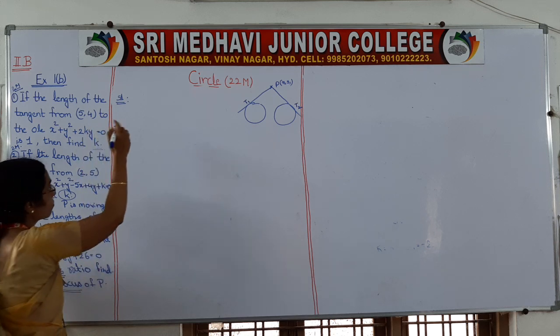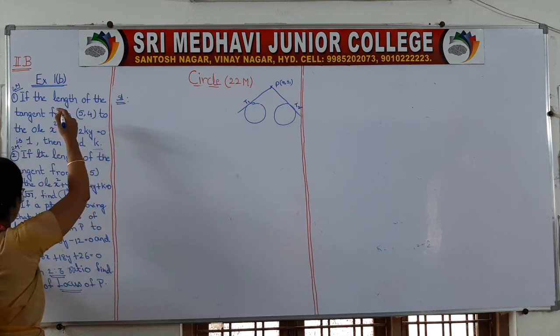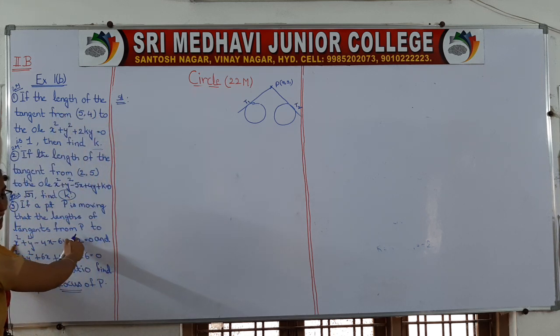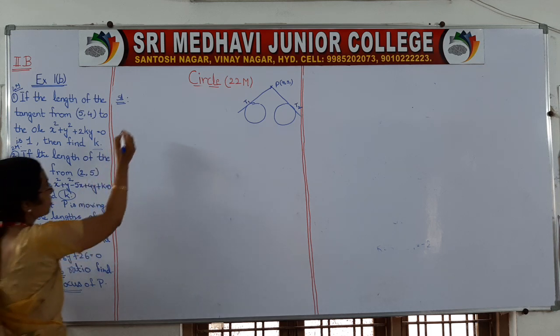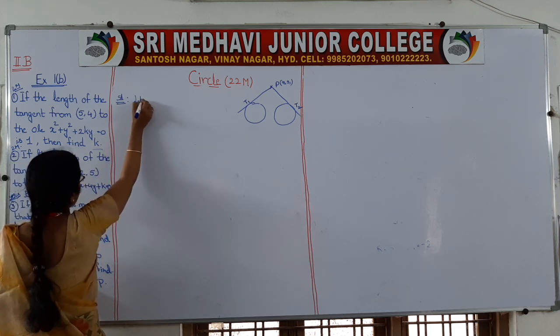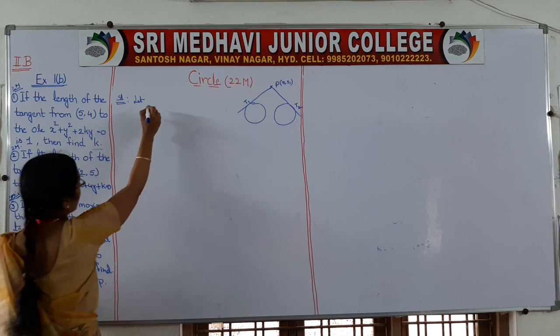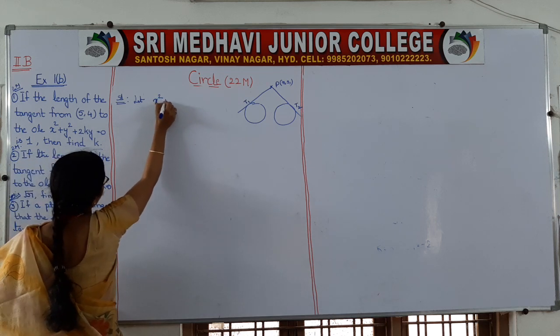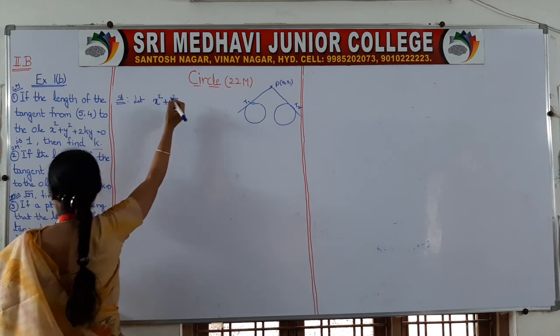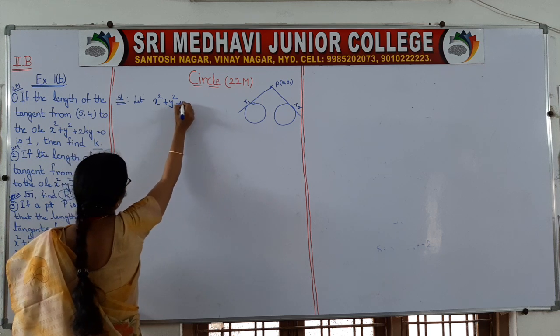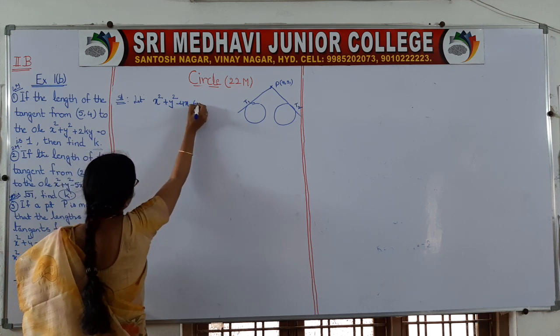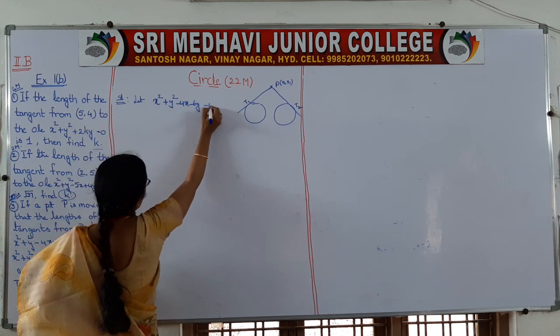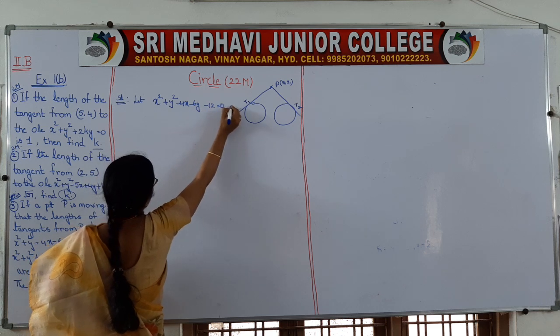So come on, first, what are the given circle equations? This is the third question, right? So what are the circle equations? First circle: x square plus y square minus 4x minus 6y minus 12 is equal to 0.